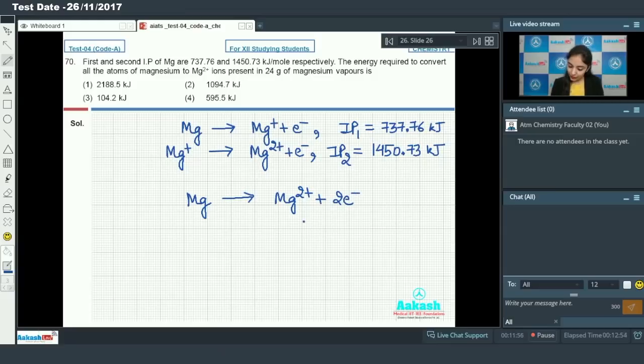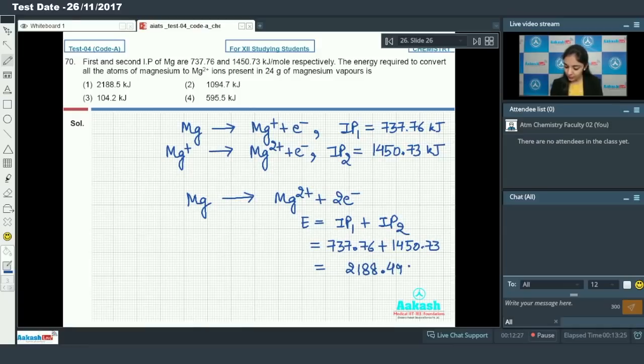For this, the total energy will be equal to IP1 plus IP2 if I add the first and second equations. So it will be equal to 737.76 plus 1450.73, which is 2188.49 kilojoule per mole.